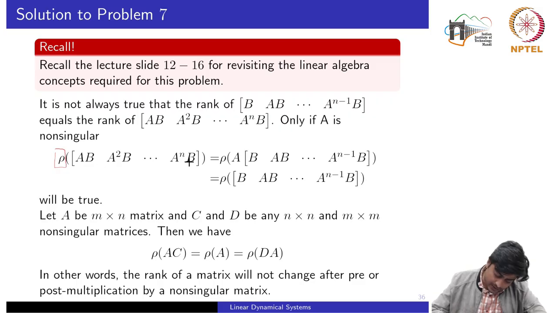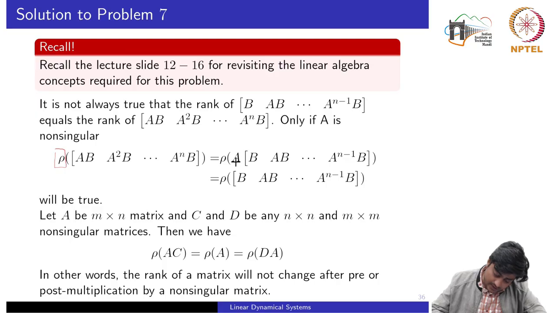I can express it as the rank of A and the rank of the rest of the matrix. In fact, this is the matrix of which I am interested in computing the equivalence with the previous matrix. So I can express this matrix as the multiplication of these two.